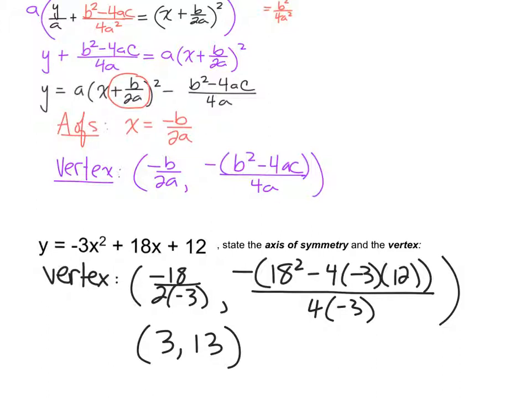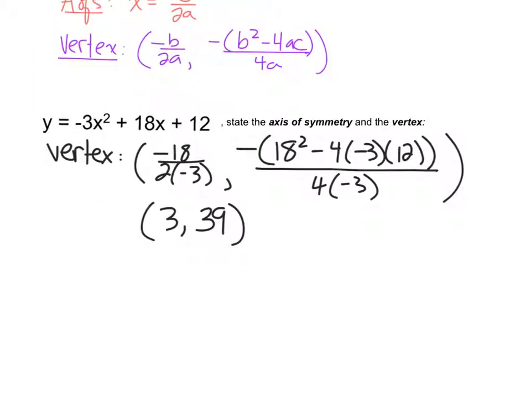All right, well, let's definitely do this. 18 squared minus 4 times negative 3 times 12 divided by negative 12. I got 39. Did you use the negative? I did. I used negatives and stuff. Did I do something wrong? I will look momentarily.